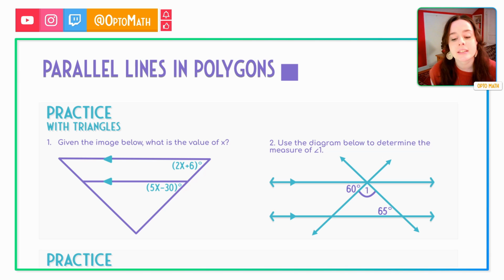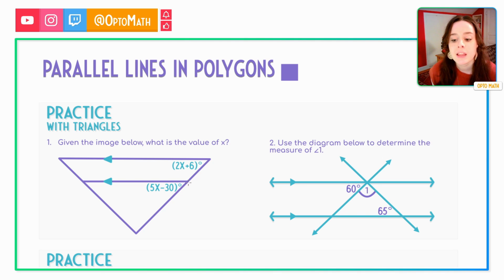Let's look at some practice. Number 1 says, given the image below, what is the value of x? So we discussed how in two triangles where one's inside the other, that's going to be an example of corresponding angles. We can also tell that they look about the same.